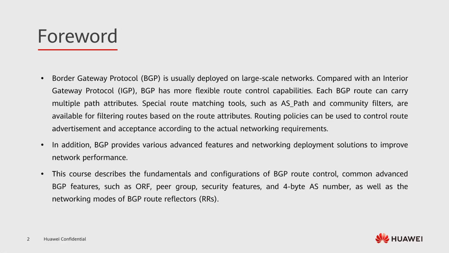BGP has a lot of path attributes, but we will not introduce the attributes in this course because we have introduced the detail about all of the attributes in the HCIP core technology course. So this slide only introduces some other features of BGP, such as route control, peer groups, BGP security, the networking, and others.